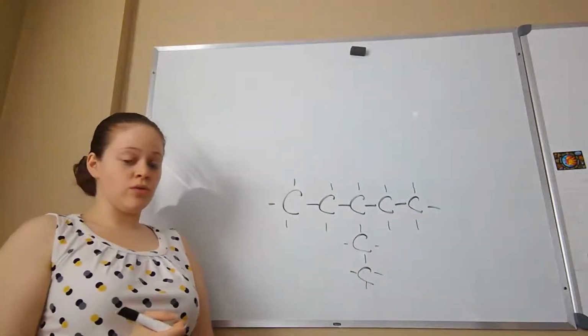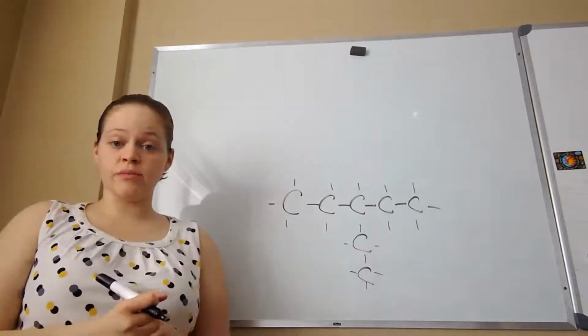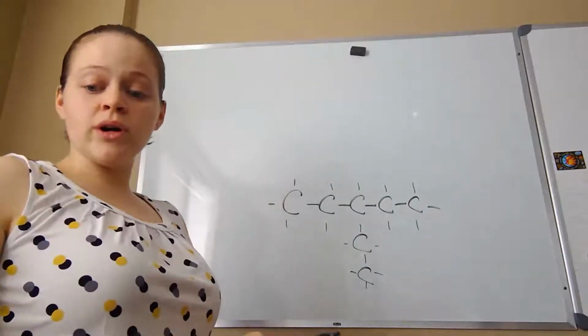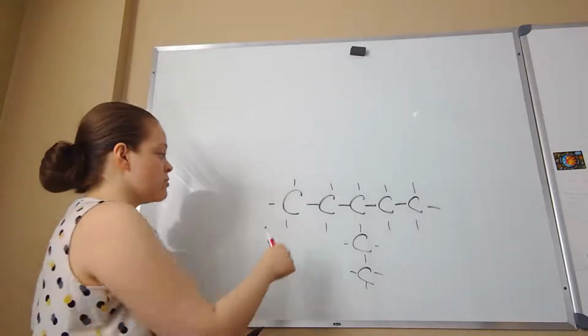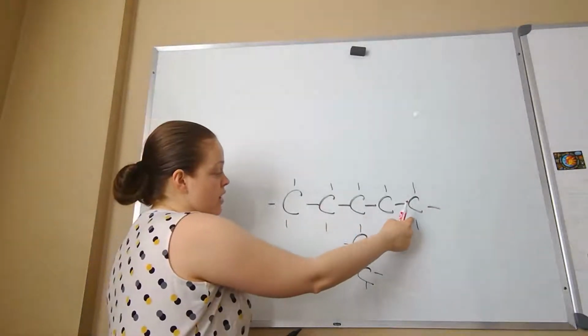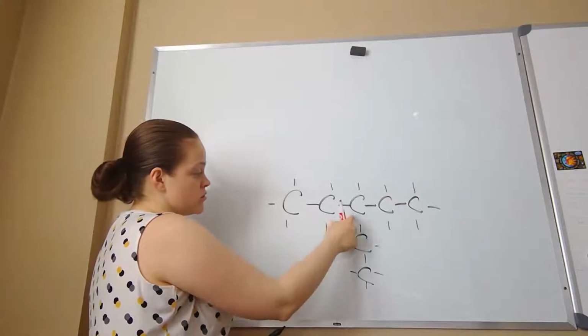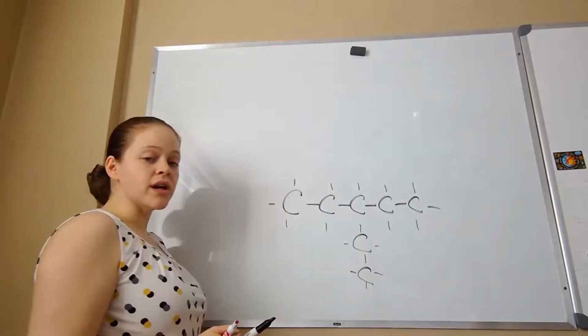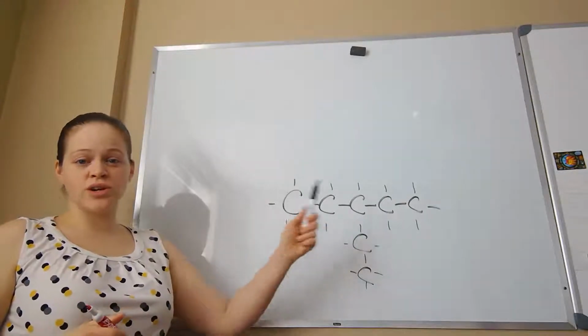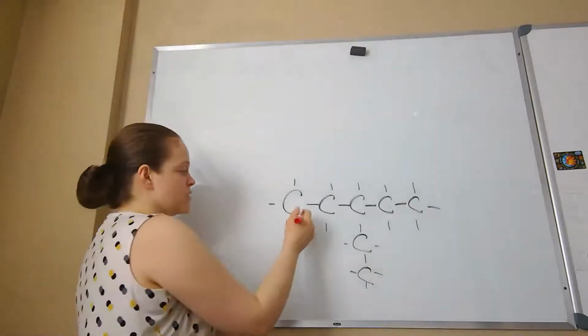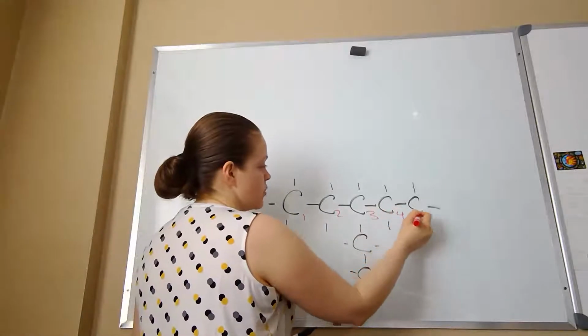To name this, you have to start by counting the carbons. You want to count the longest chain of carbons. So the longest chain would be 1, 2, 3, 4, 5, or 1, 2, 3, 4, 5. Because there are 5 in both directions, my general rule of thumb is just go straight across. It's really easy. So 1, 2, 3, 4, 5.